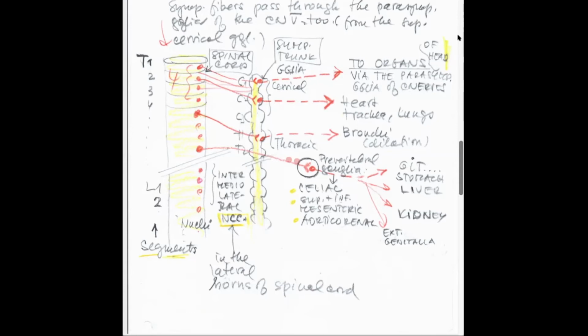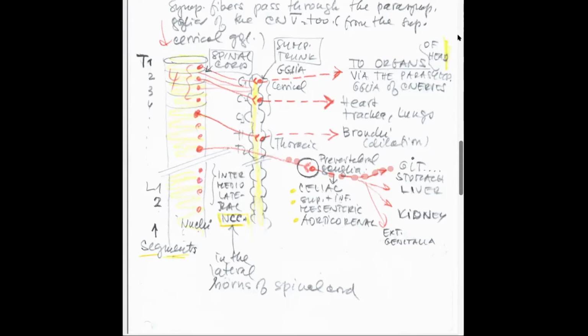So there are 4 ganglia which are paired, but celiac could be joined together, forming practically one complex of unpaired. Good.